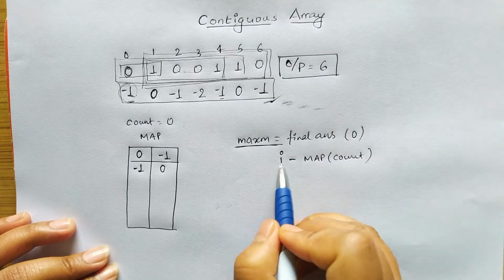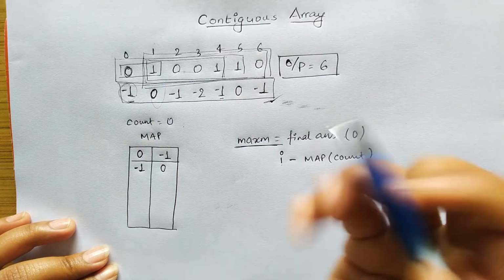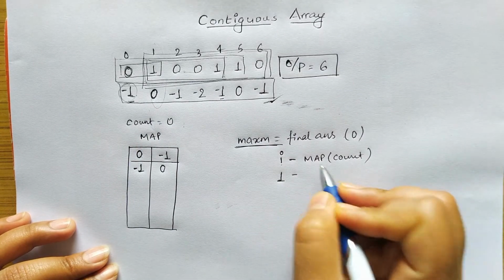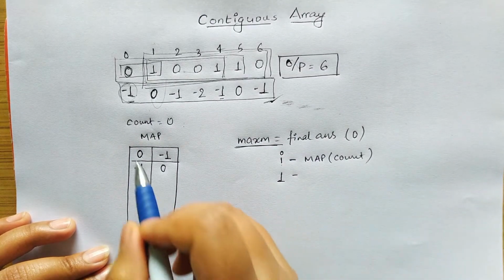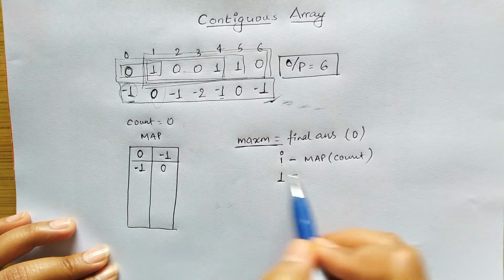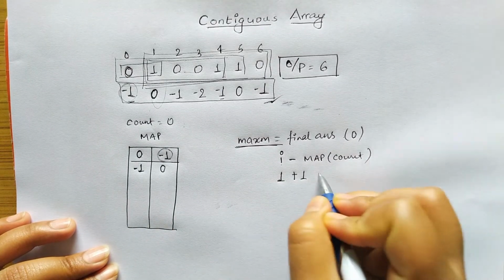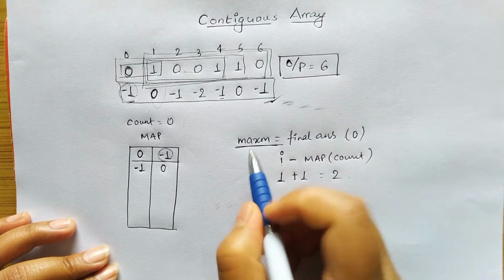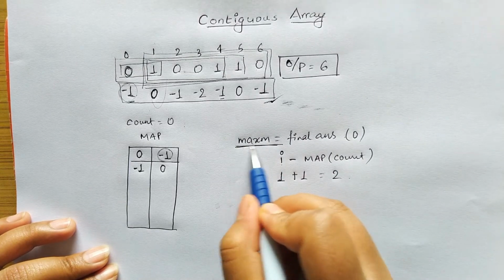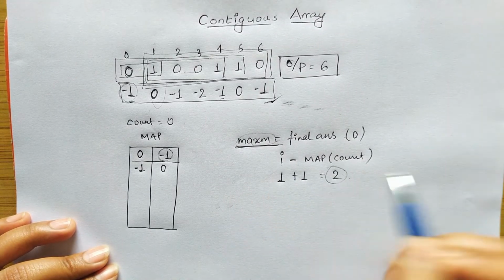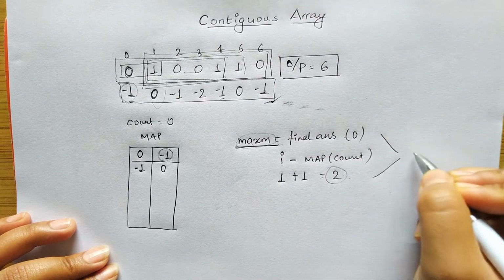Right now our i is 1, and our count has become 0, so we compute 1 minus the stored index, which is -1, so 1 minus -1. Our answer will be 2. Our maximum will be the maximum of the previous value and this new value, so our answer becomes 2 over here.